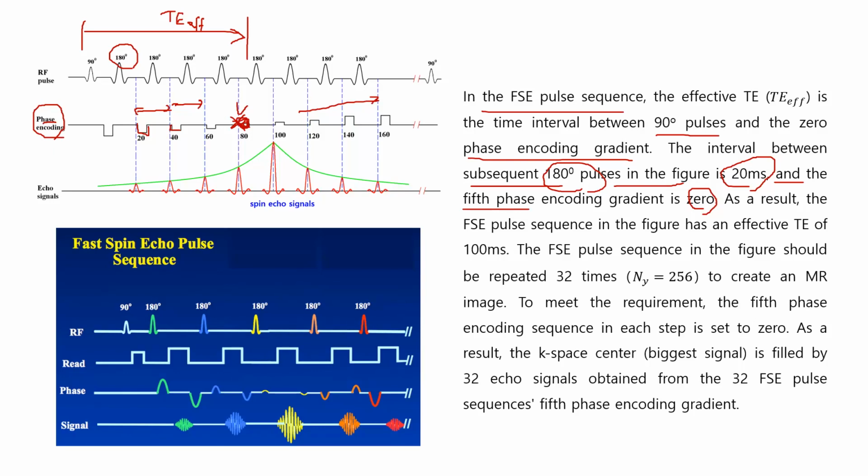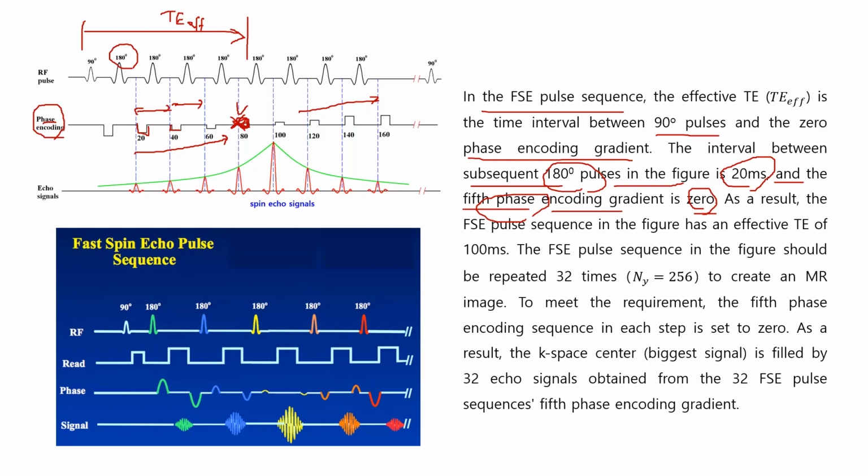So from negative, increasing, passing through the 0 point and increasing, this way. So the fifth phase encoding gradient is 0 at this position.